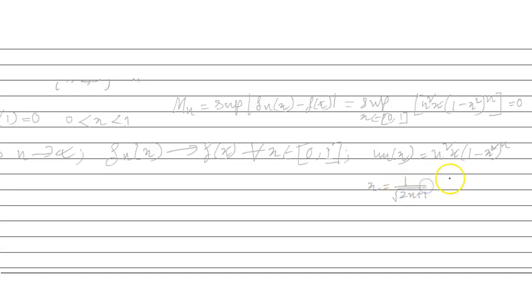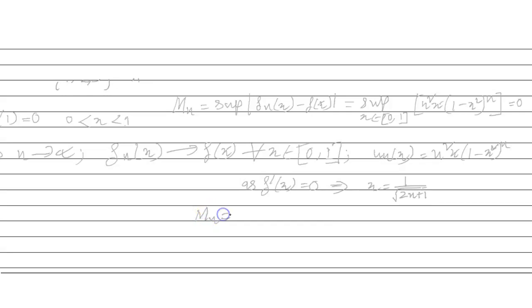x is equal to 1 by root over 2n plus 1. How can I get? As f dash x is equal to 0, that implies x is equal to 1 by root over 2n plus 1.